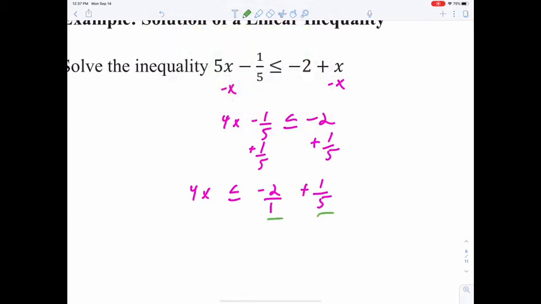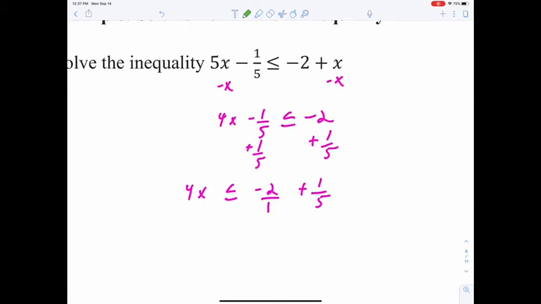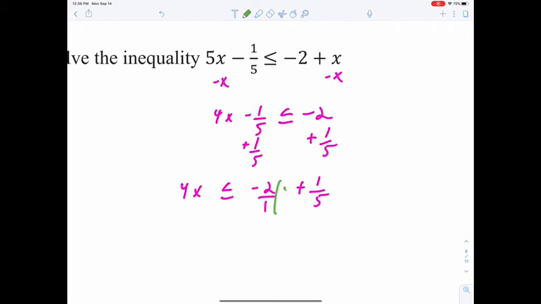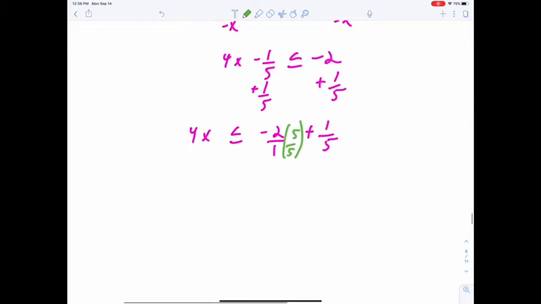So when we have a 1 and a 5, the common denominator is going to be 5, right? To turn this -2 into a fraction with denominator 5, we have to multiply by 5 over 5, because 5 over 5 equals 1. We're allowed to multiply by 1 anytime we want.